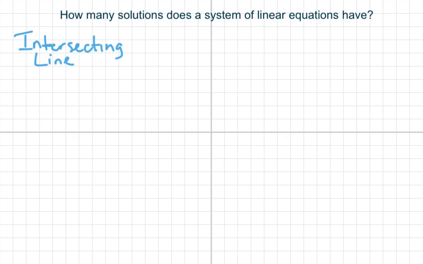An example of a system where they have intersecting lines is y equals x minus 1 and y equals 2x minus 3.